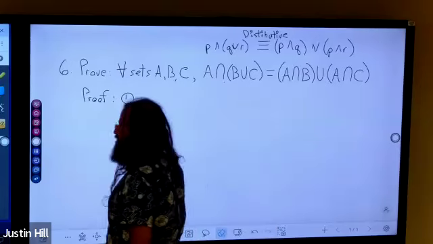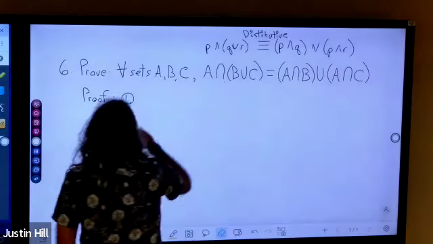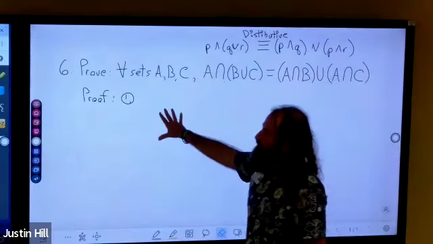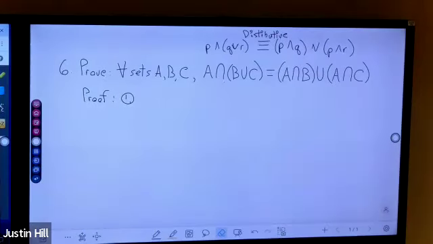All right, so for part 1 here, she starts out with the if part of this. The if part would be the first subset proof. So suppose A, B, and C are any sets. Actually, she starts there. For the whole proof, we're just talking about A, B, and C being any sets.